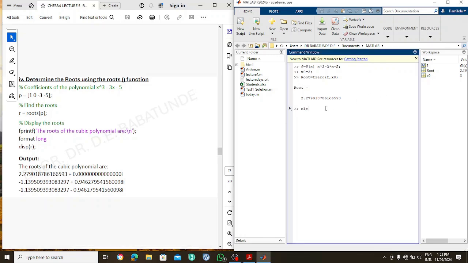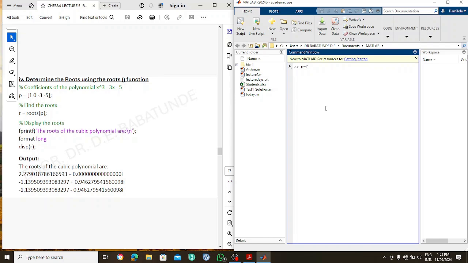Let me clear this up again so that the screen is clear enough for you to follow. We want to call it p. You can call it any name. So the function we are working with is what? x cubed minus 3x minus 5. That is the function that we have been finding its roots of all along using different approaches.